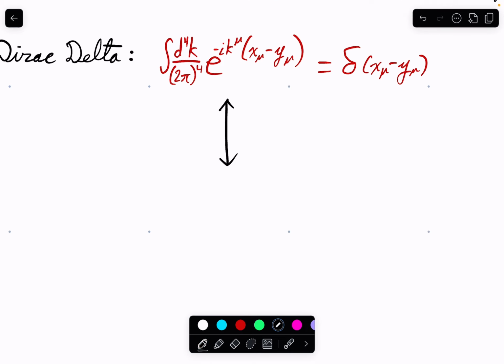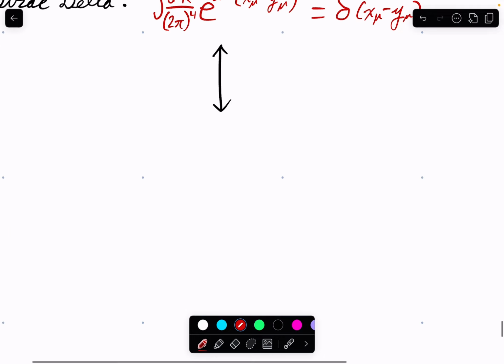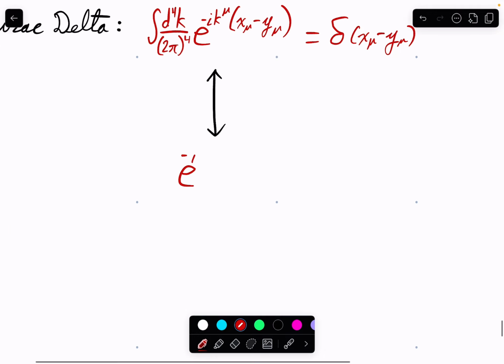And the important thing is right here, we can break this up into two factors, e to the minus i and e to the positive i.